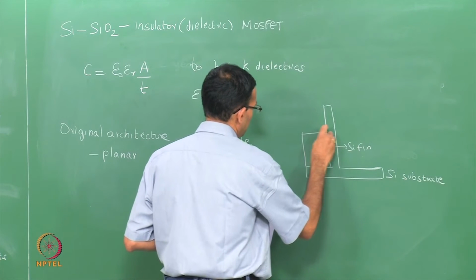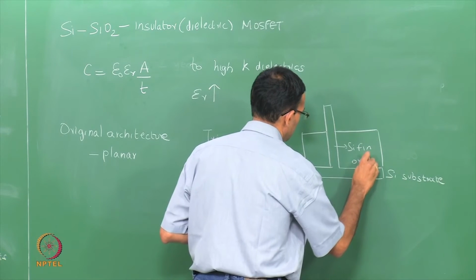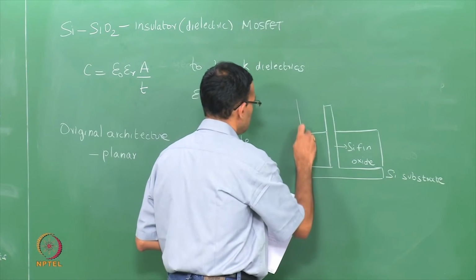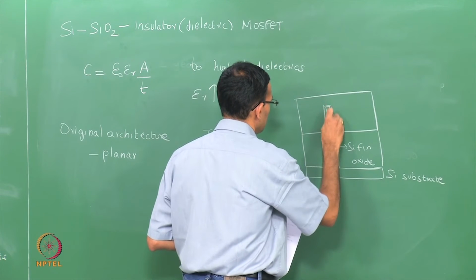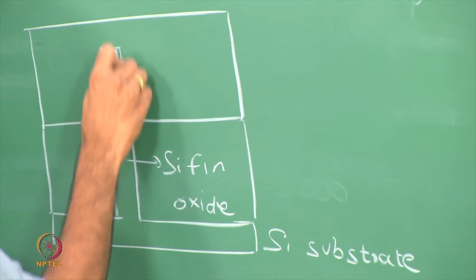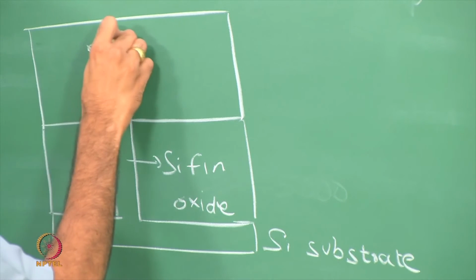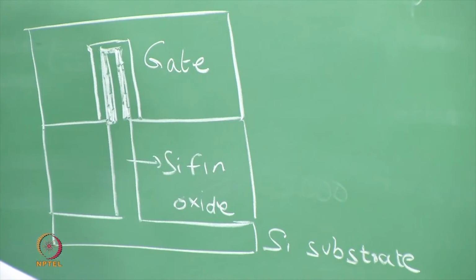So, there is the oxide layer which acts as your dielectric material, and the gate is wrapped around the silicon fin. So, instead of having a planar technology, you have a 3-dimensional technology.